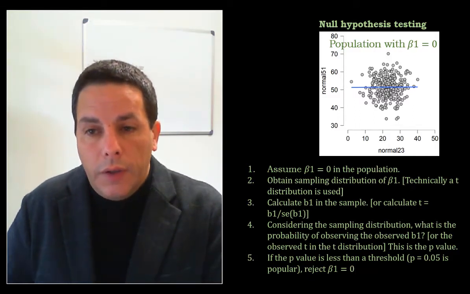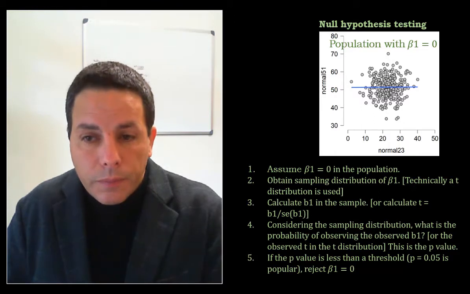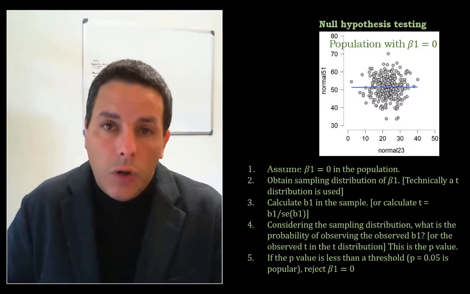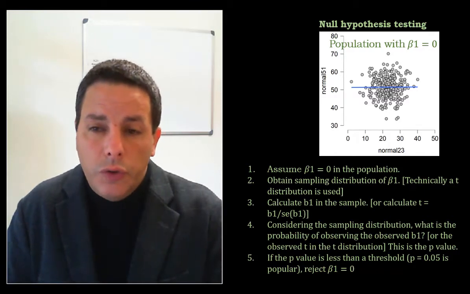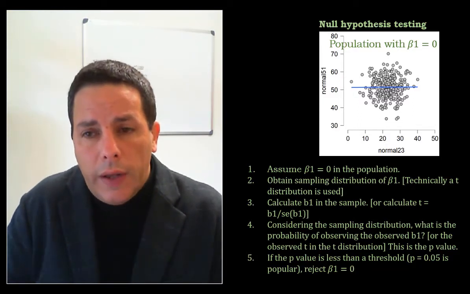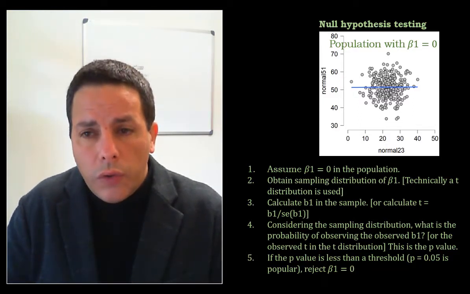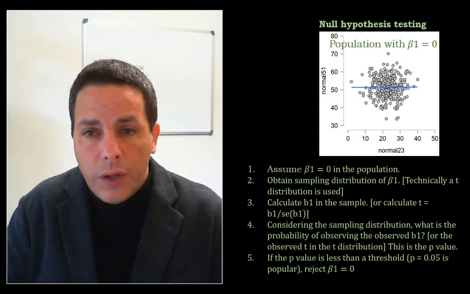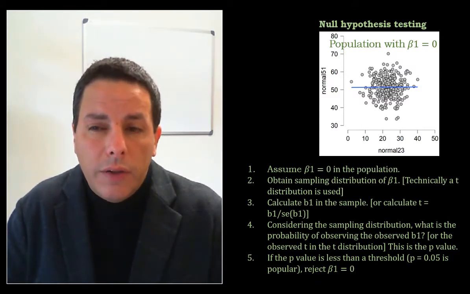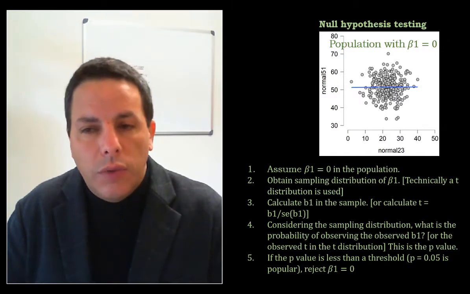If our B1 or our T score is close to the mean of those distributions, then it's probable that our score, the one we observed in our sample, comes from a population with a beta 1 equals 0.